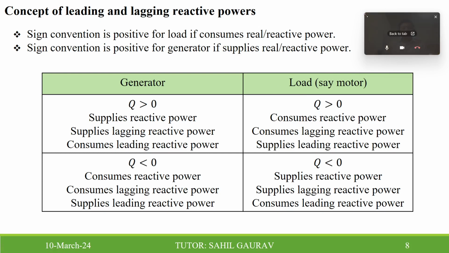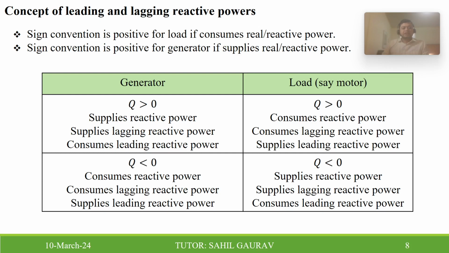I'm not getting clearly what you are saying. Actually, sir, in the first statement you mentioned the sign convention is positive for load if it consumes real or reactive power, and in the second statement, the sign convention is positive for generators if they supply real or reactive power.